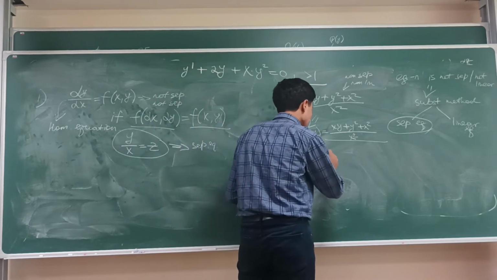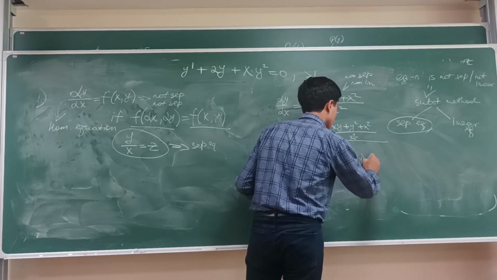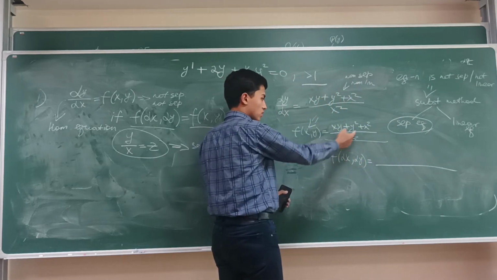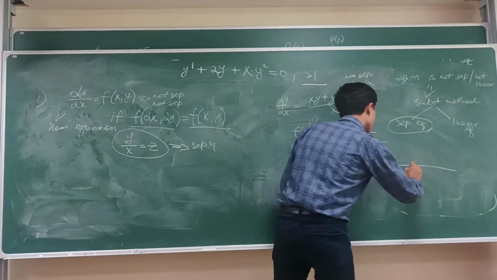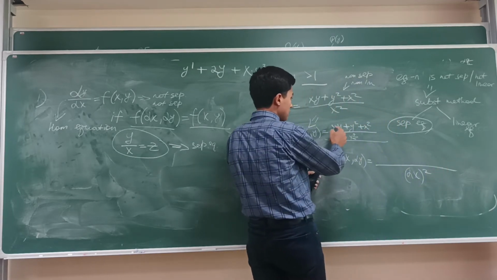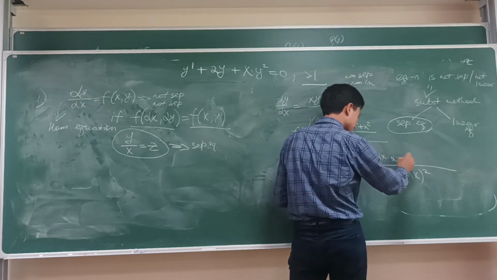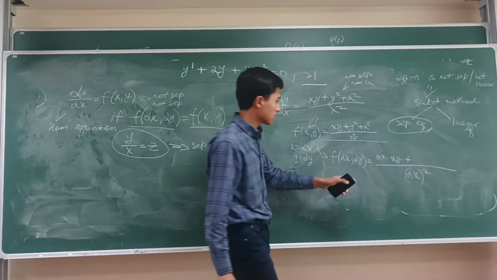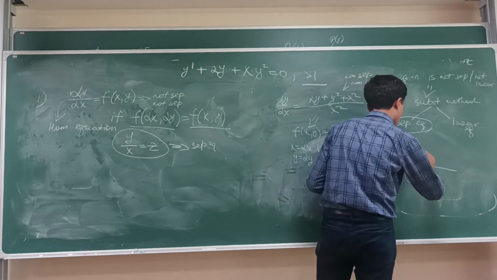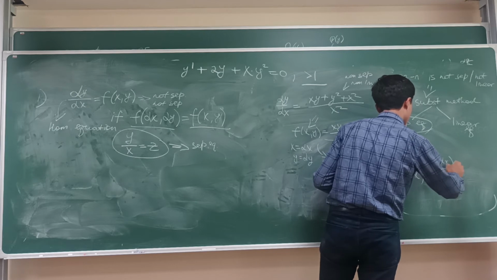So f(alpha x, alpha y): first the denominator, instead of x squared I'm putting alpha squared x squared. Then x times y becomes alpha x times alpha y, y squared becomes alpha y squared, and x squared becomes alpha x squared.